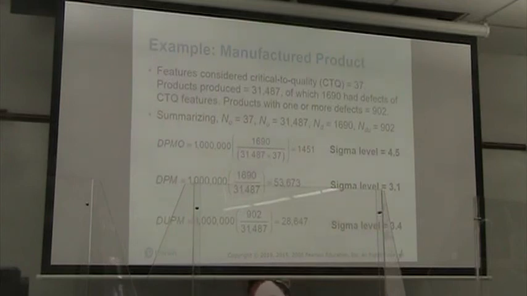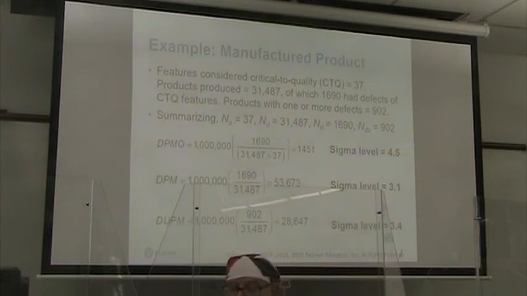Therefore, the defects per million opportunities is 1 million times 1,690 divided by the product of 31,487 times 37, which is equal to 1,451.